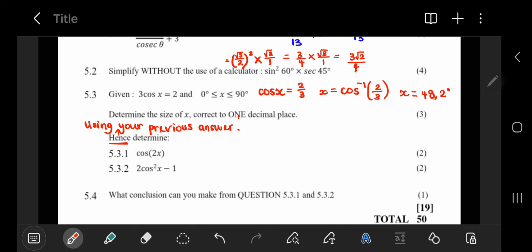So they want to know, what is cos 2x? So that's going to be cos, and we open up the brackets. This is basically 2 times the angle, so 2 times 48.2. Let's put that on our calculator and see what we get. Cos of 2 times 48.2.